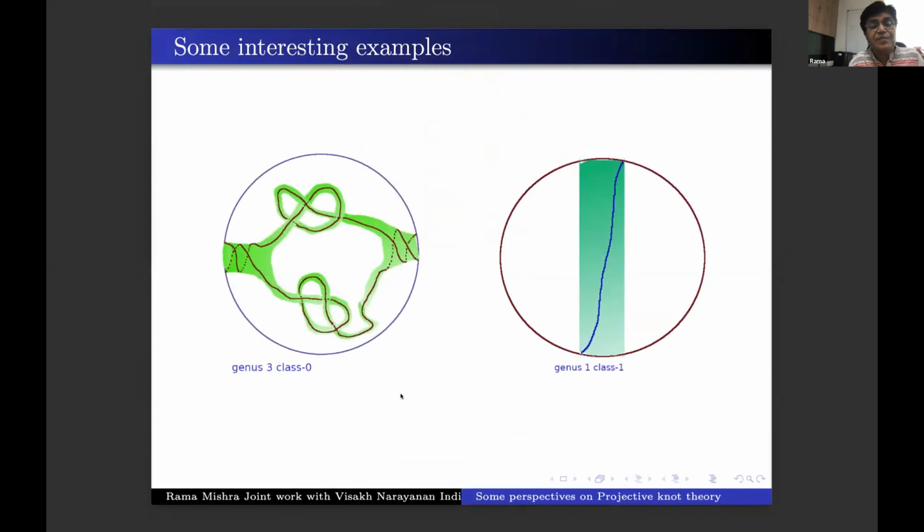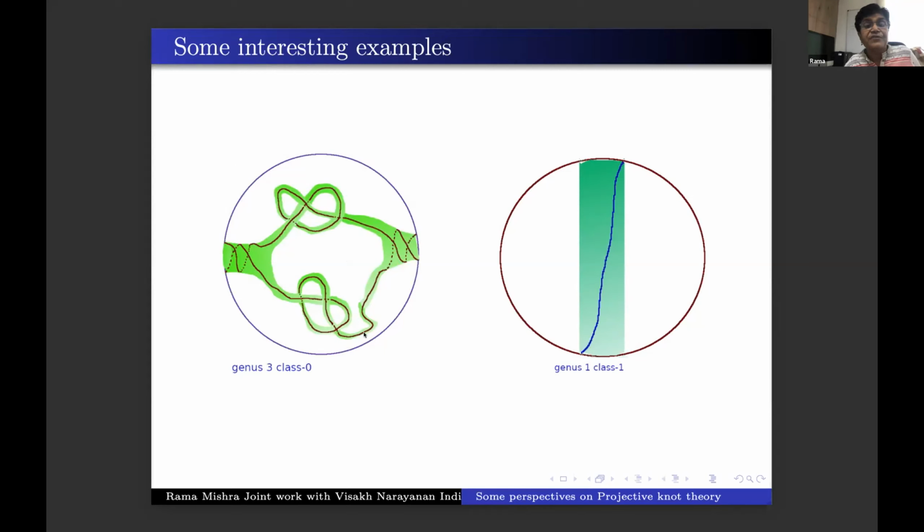So these are some examples. In this picture, we show that this particular surface that we are producing has an inverse image of genus 3. It's a class 0 knot because you have an even number of intersections at the boundary.